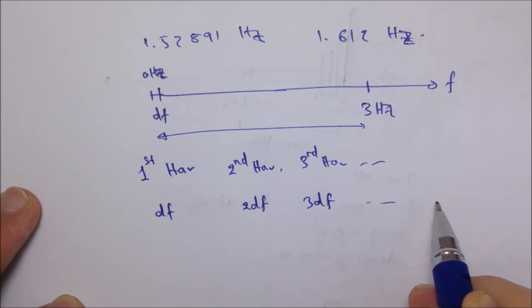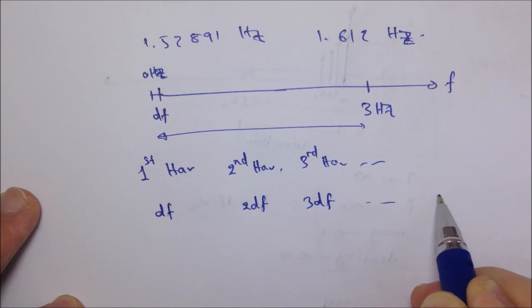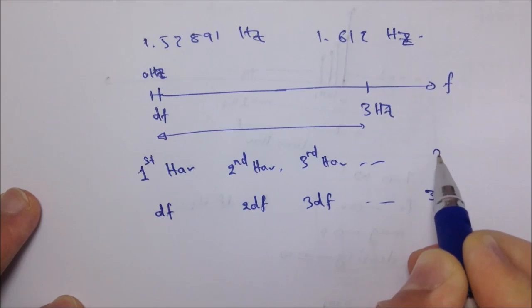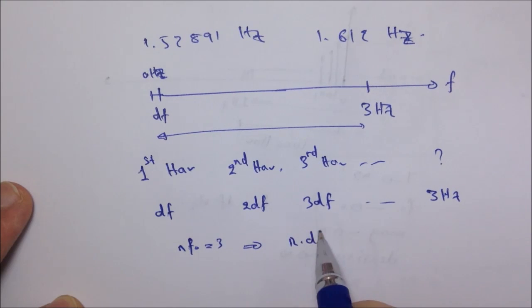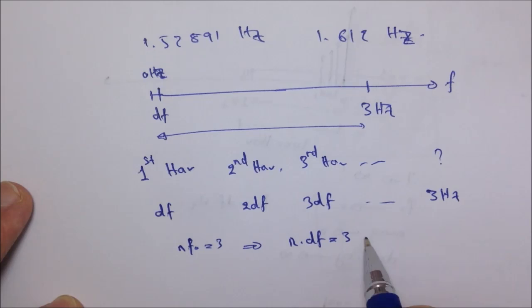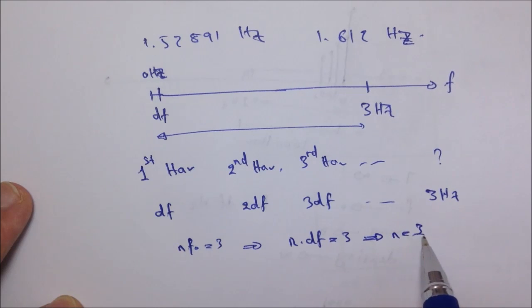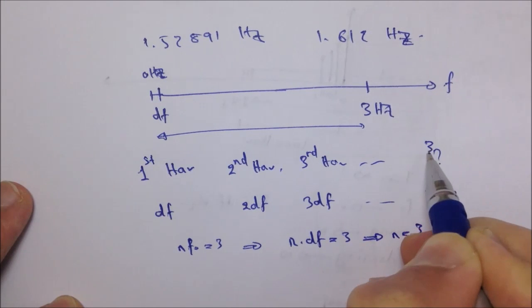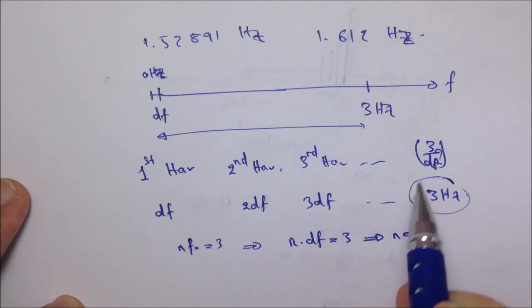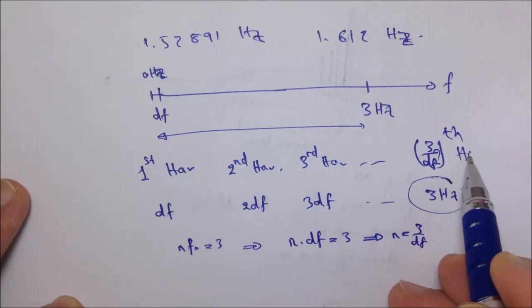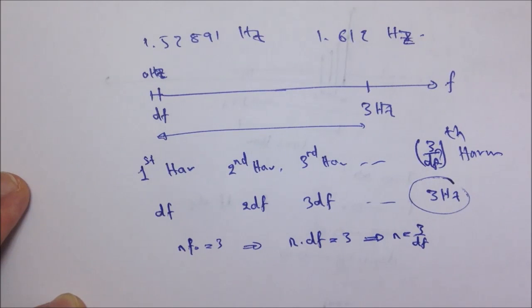Now, what's the index of the component that has a frequency of 3 Hertz? So we have n f0 equals 3 Hertz. f0 is a very small number. We agreed to call it df. So n df equals 3, which means n equals 3 over df. So we say the 3 Hertz component is the 3 over df harmonic. Now 3 over df is a very large number, since df approaches 0.